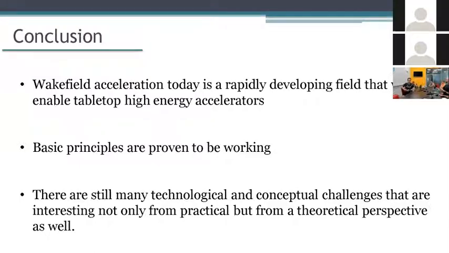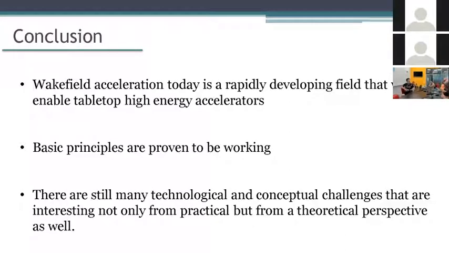You can read them here, it's very simple. I will just highlight that there are a lot of technological challenges, and a lot of conceptual challenges. What I've shown you is just some idea of what the field is. The main direction right now is that people are working on plasmas, just because of the fact that the gradient is way, way higher.